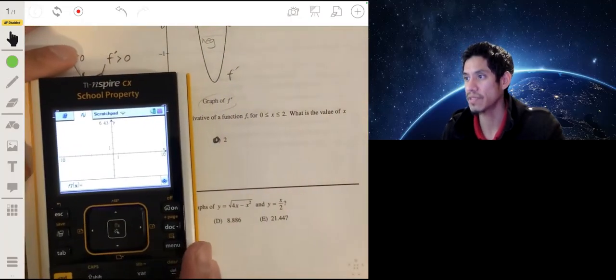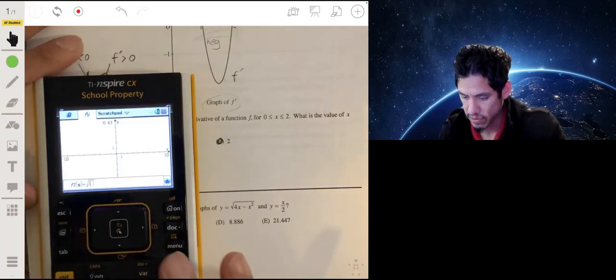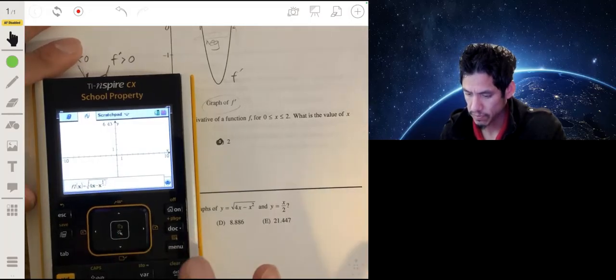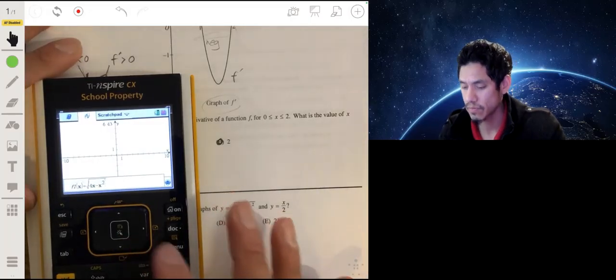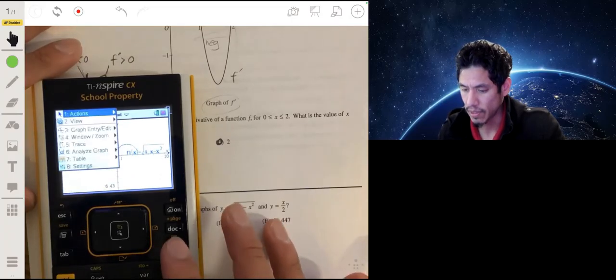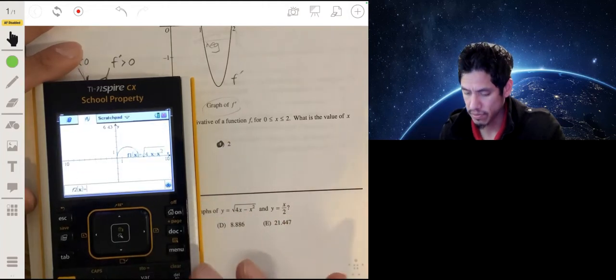We have y equals the square root of 4x minus x squared. We'll graph the other one, y equals x over 2.